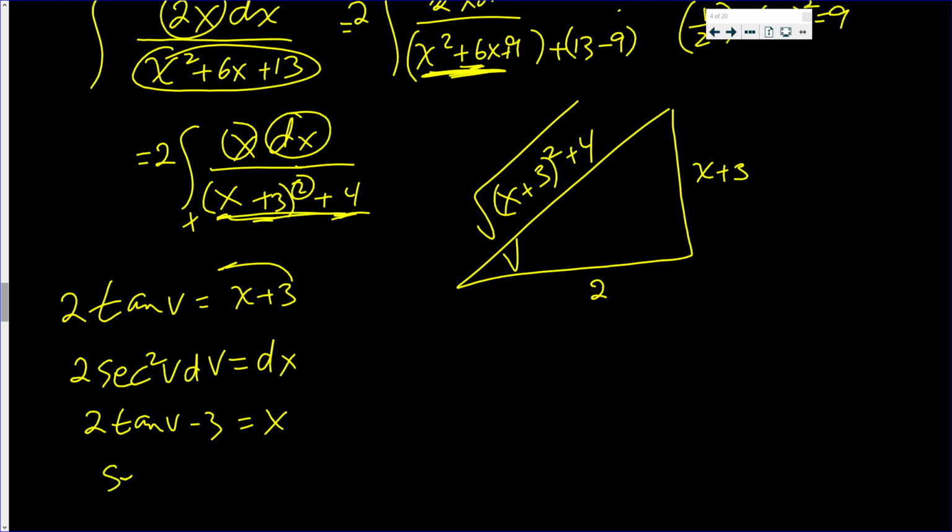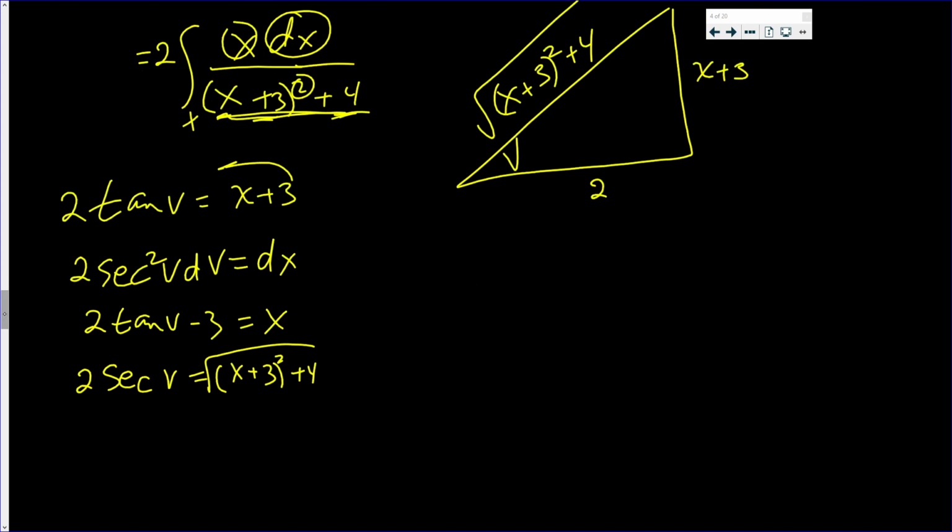Well, once again, the secant of v is the square root of x plus 3 squared plus 4, over 2. I'm going to put the over 2 on the other side. If I square both sides, I get x plus 3 squared plus 4. Okay.